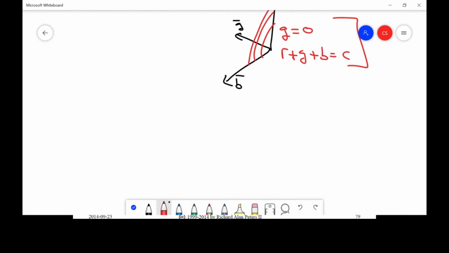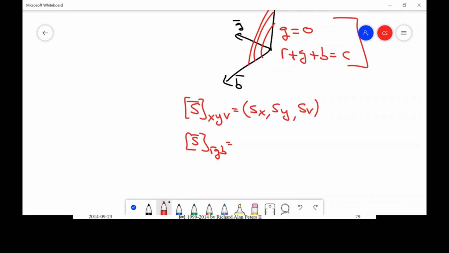We have a point, a vector S, but it is defined in the X, Y, V coordinate system. And I want to put it in the RGB coordinate system. So let's say that this one has Sx, Sy, Sv. Those are the coordinates in the XYV coordinate system.